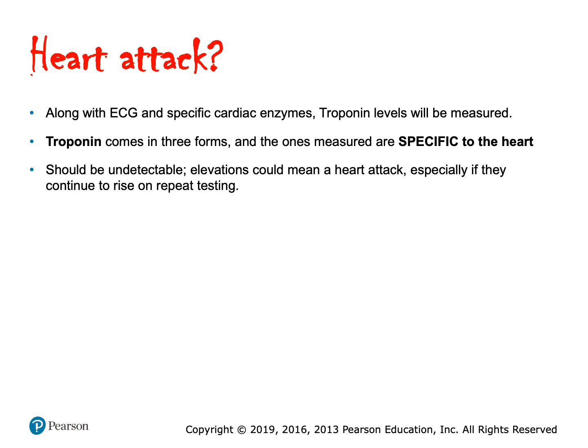That specific heart troponin, and then they're going to check it again and see if that troponin level is rising. Let's say they draw some blood, they find some cardiac troponin, and they retest it in an hour or 2 hours, and that value is going up, they're going to diagnose a heart attack.